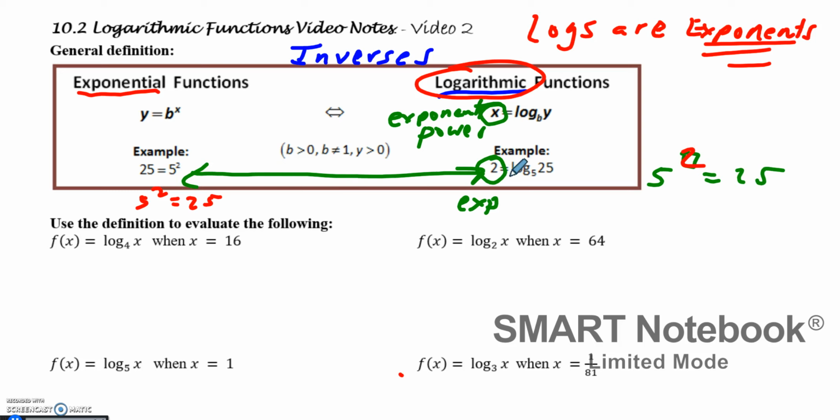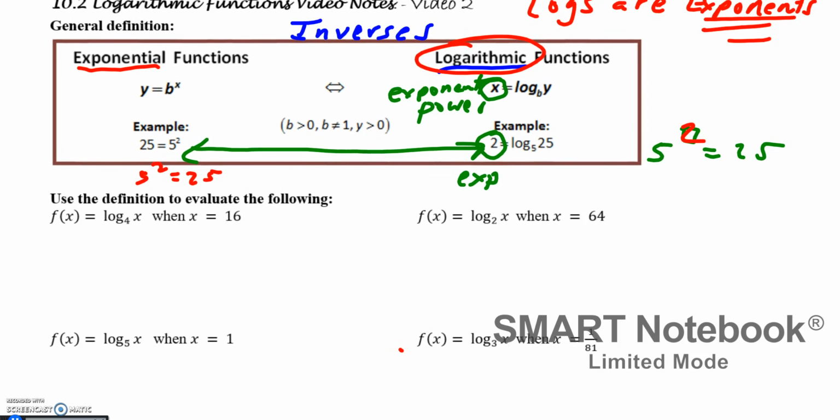I think this will start to make more sense once we go into actual examples, so let me show you some down here. Use the definition to evaluate the following. Evaluate log base 4 of x if x is 16. So we're trying to find log base 4 of 16. Remember, whenever you see a log, this is really the same as an exponent, so my final answer has to be a single number that is an exponent. What we can do is think about this backwards.